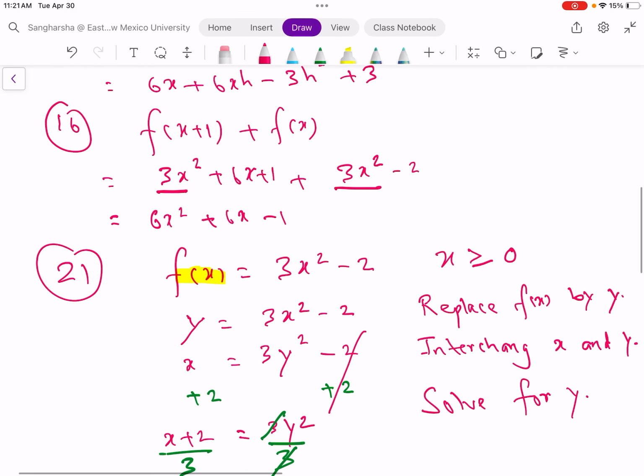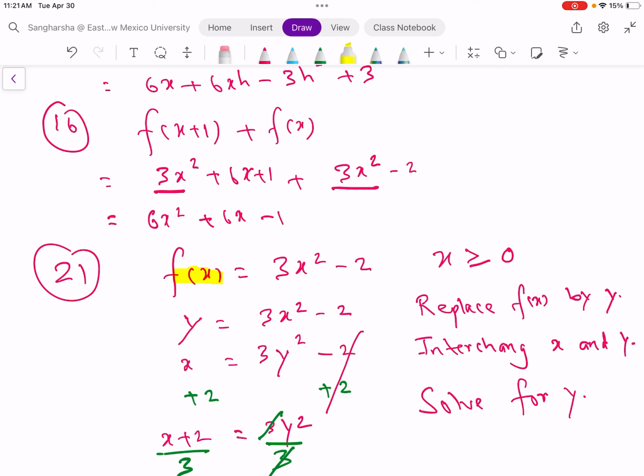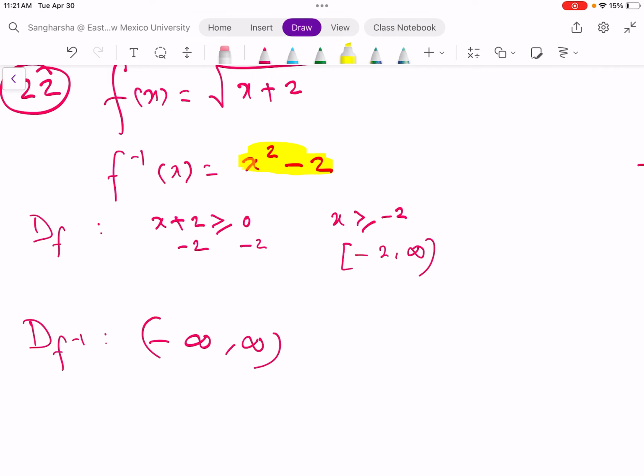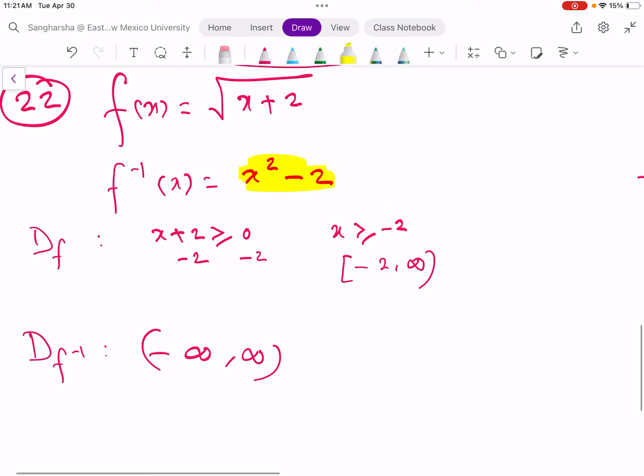So for number 21, this is also a quadratic function. But it tells us to use this number as a domain. Here it does not tell anything. It's just our quadratic function, and we can choose any number. Sometimes, yes, they do specify the domain.